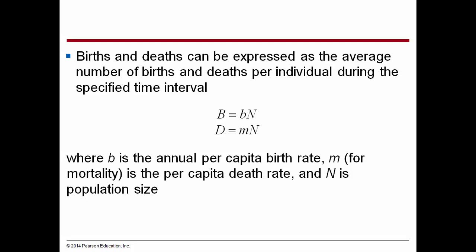So births are B times N and deaths are M times N, where B is the annual per capita birth rate, M for mortality is the per capita death rate, and N is the population size.